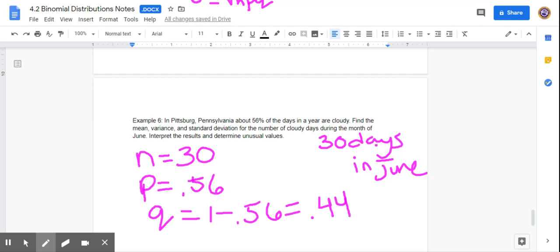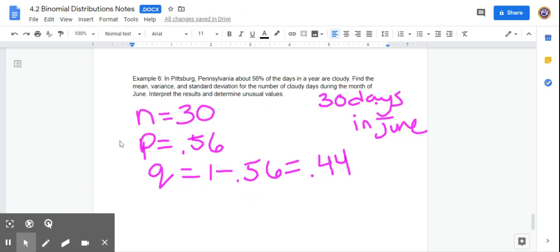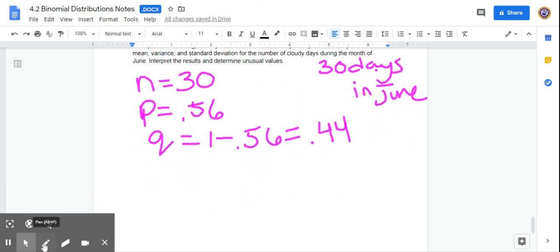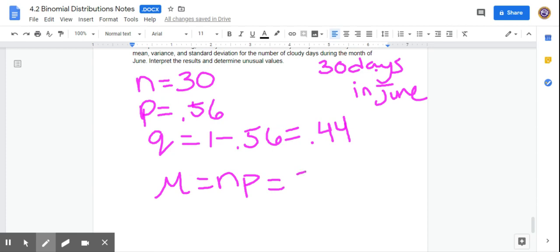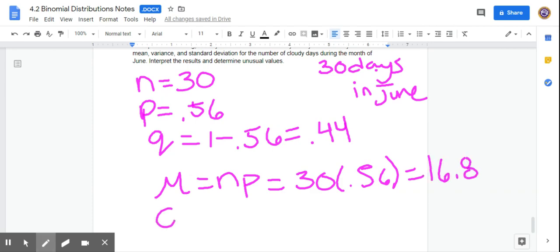So now we need to find the mean, standard deviation, and variance. So the mean is equal to n times p. So in this case, that's 30 times 0.56. If you plug that into the calculator, you get 16.8.